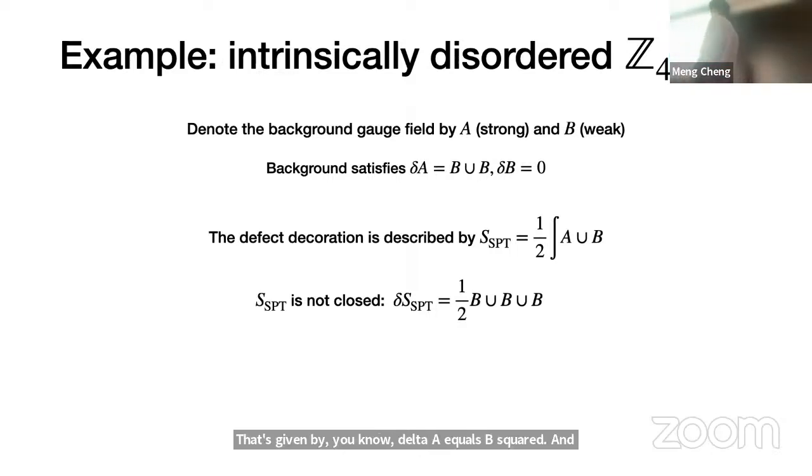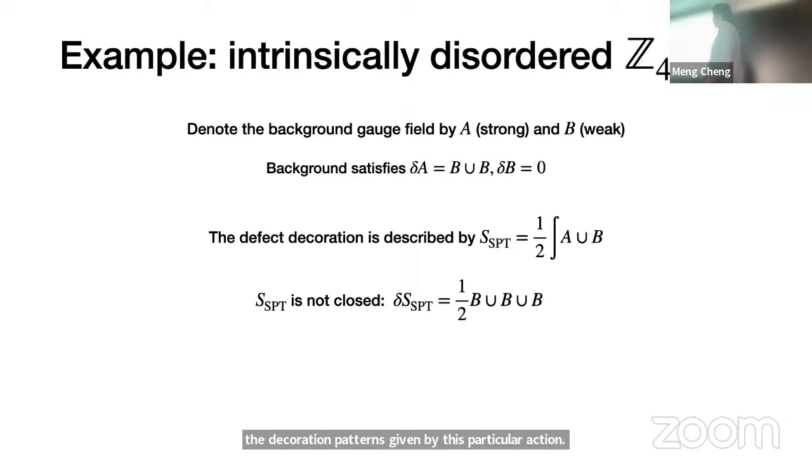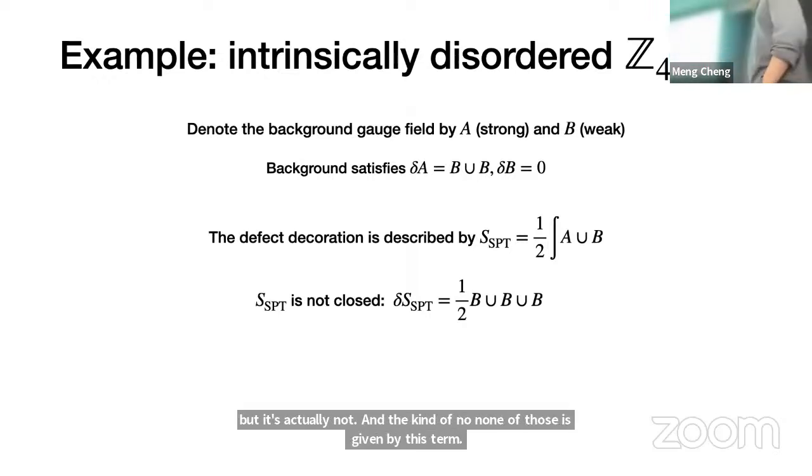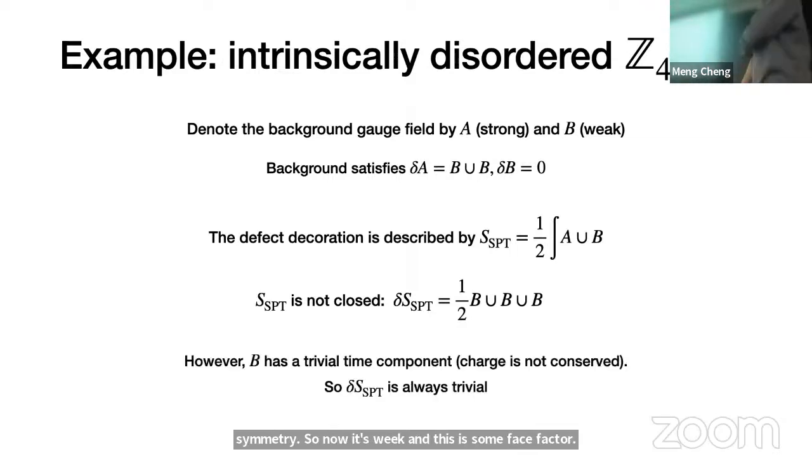So A is not closed. And the decoration pattern is given by this particular action, which should be closed as the topological response, but it's actually not. And the kind of non-closedness is given by this term, which only involves the would-be weak symmetry. So now it's weak, and this is some phase factor, and it's no longer important.